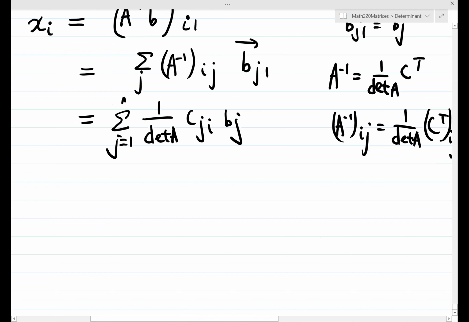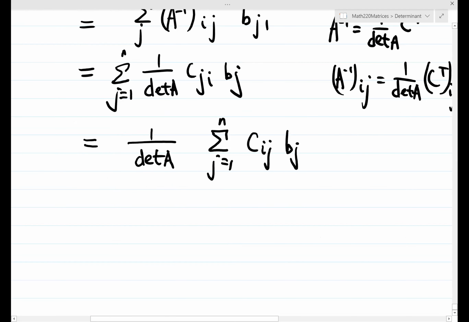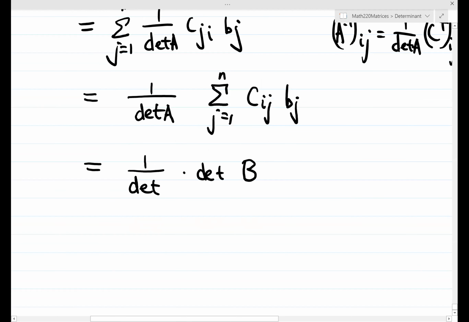If you factor out the determinant of A, you get 1 over determinant of A times the sum over j from 1 to n of Cji Bj. This is the determinant of a matrix, so we write it as 1 over determinant A times determinant Bi, where Bi is the matrix where we replace the ith column of A by the vector B.